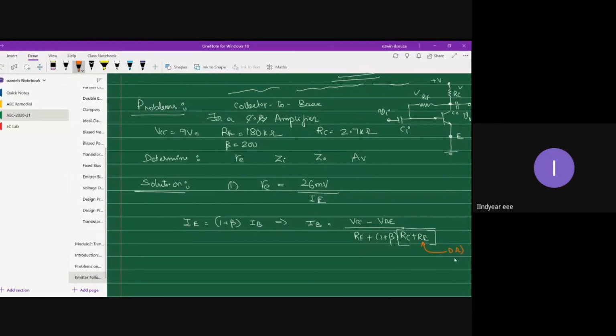Just substitute RE with 0. So IB is equal to VCC 9 volts minus VBE, assuming silicon transistor, divided by RF, that's 180K plus 201 times the collector resistance. Quickly calculate and tell me the answer.